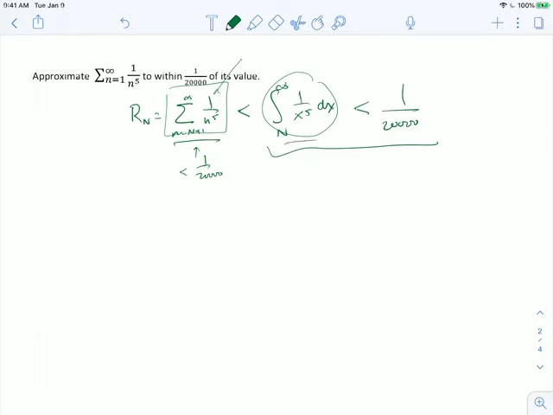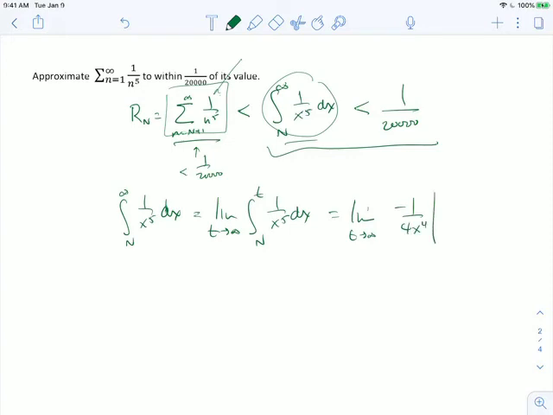So let's evaluate the integral. Again, we write this as a limit. So anti-differentiation is not difficult.